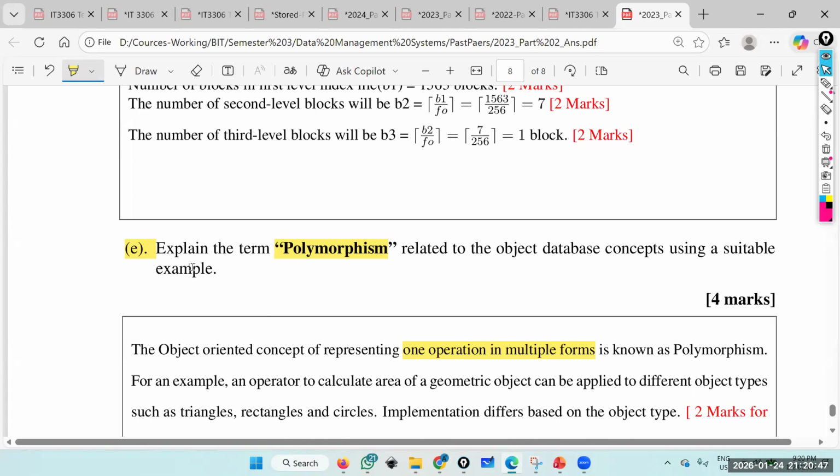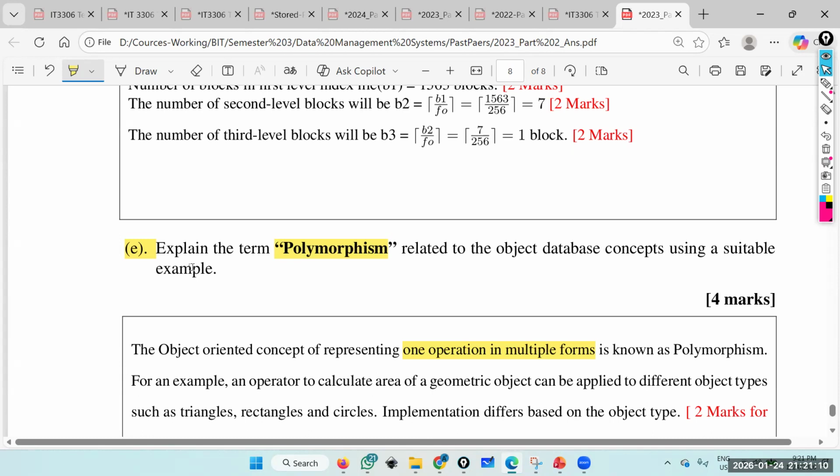So that means your operations can take many forms, right? Either overloading, function or method overloading. Same name, different signature. So then the correct method is called. That is within the same class or even class hierarchy.